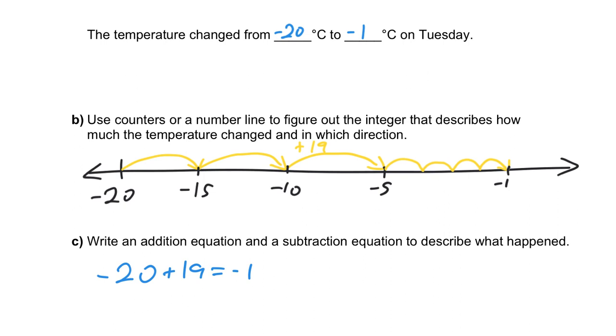So we would write it like this: negative 1 minus negative 20. And remember, from our guided notes, it's like asking how far is it from negative 20 to negative 1. We went 19 degrees. So this is 19.